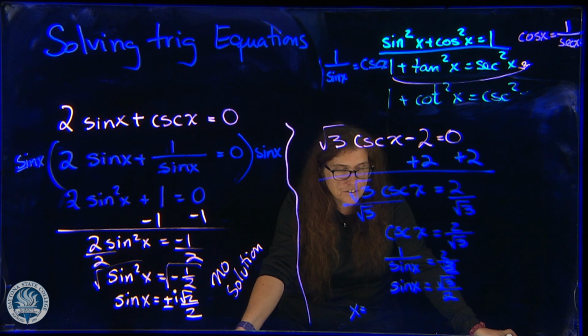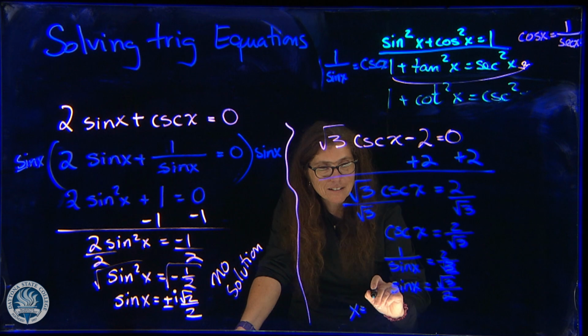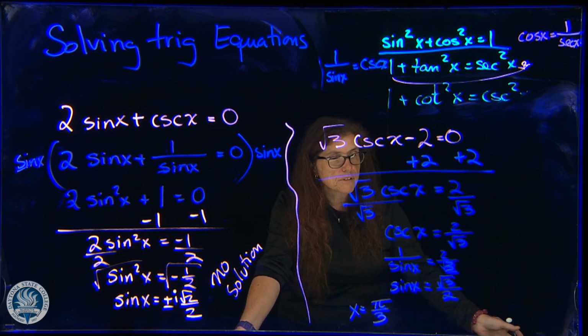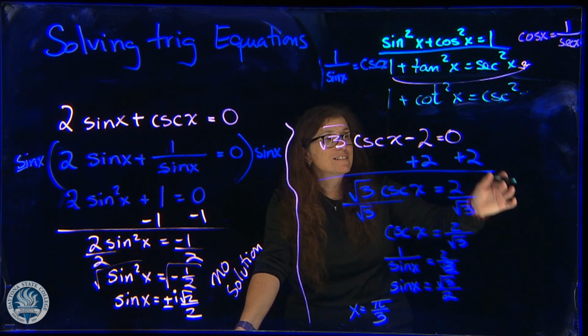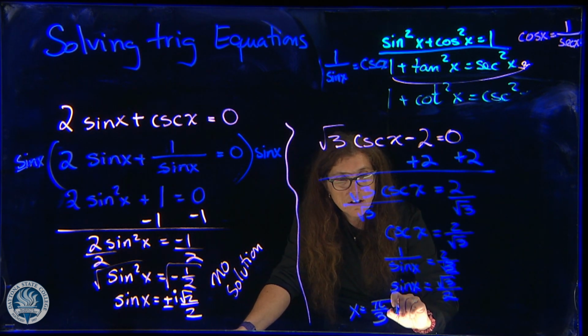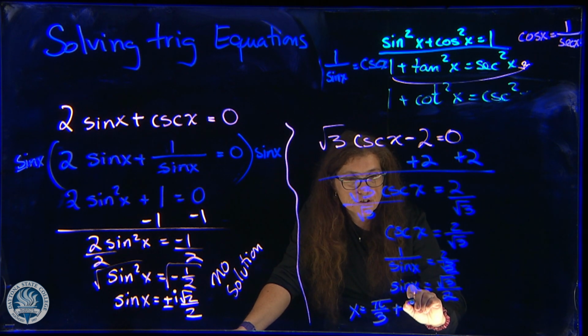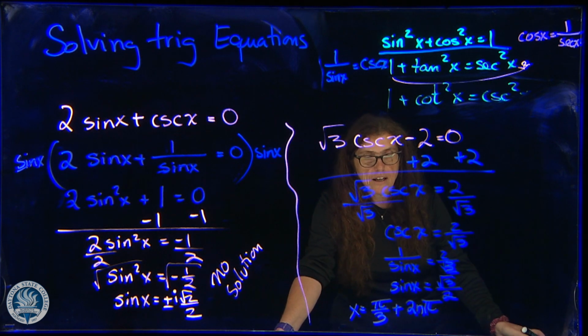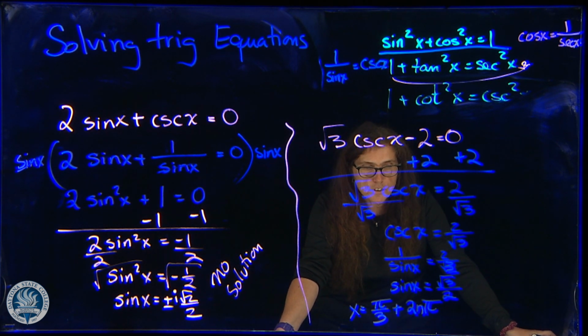And if you look at your unit circle, you will find that the angle is pi over 3 in quadrant 1 because it's positive. And since we don't have a restriction here on our domain, we also have to say plus 2n pi. So this angle repeats every 2 pi.